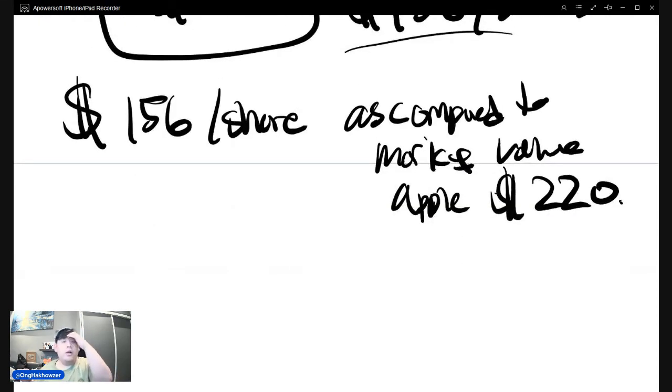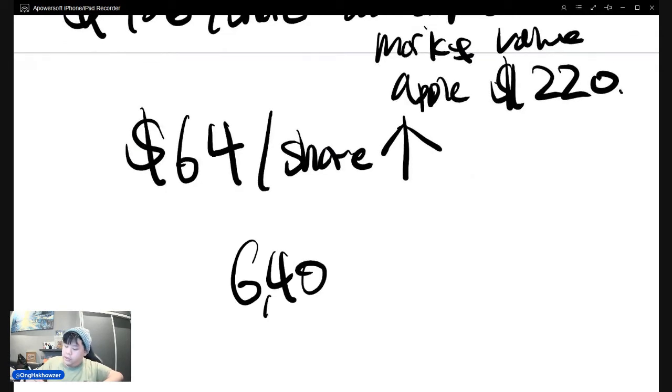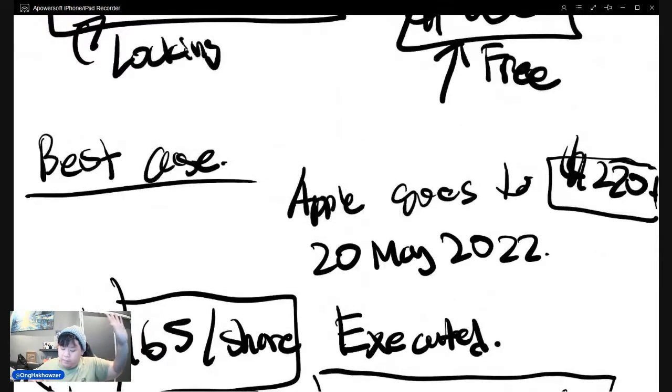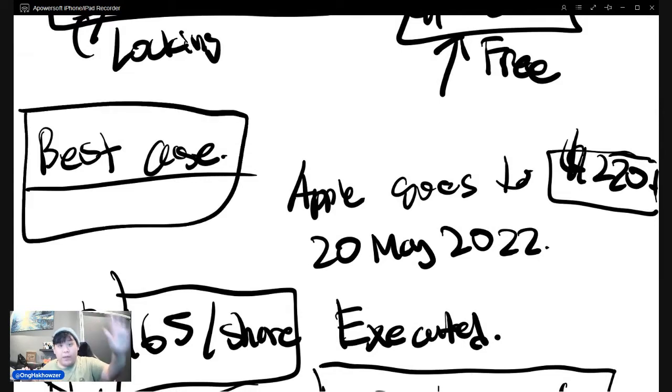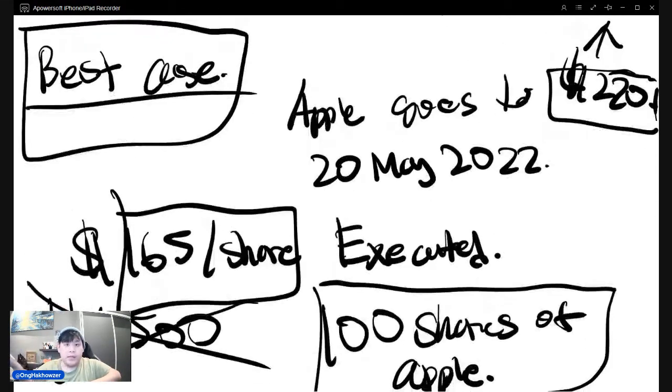So what happened here is that you are up $64 per share of profit, which equates to $6,400. That's what we call selling a put. Of course, like I said before, I'm not going to be BSing you guys. This is what I call the best case. You can bring this up to 300, 400, 500, I don't care, but I do assume that this is the best case.